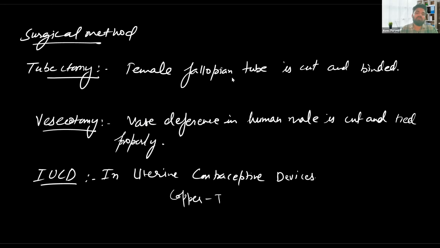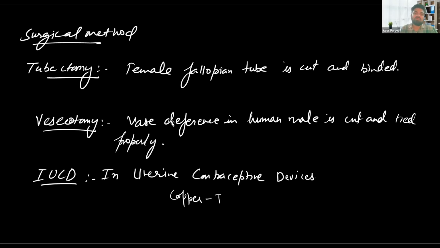It is being cut and tied here so that the ovum and the sperm cannot meet together. So we call it tubectomy. The female fallopian tube is cut and bound.